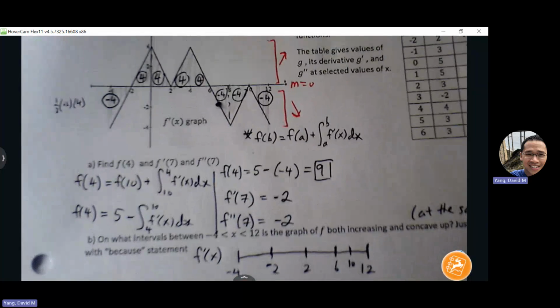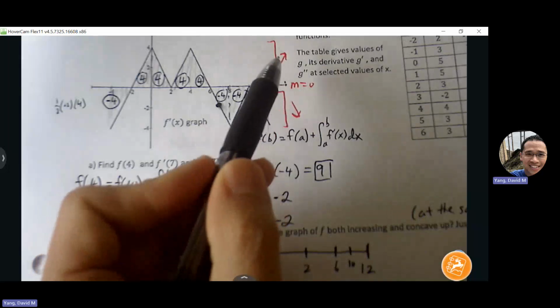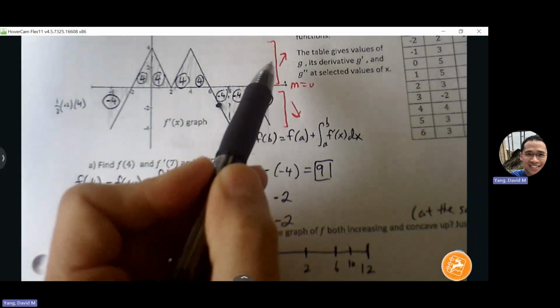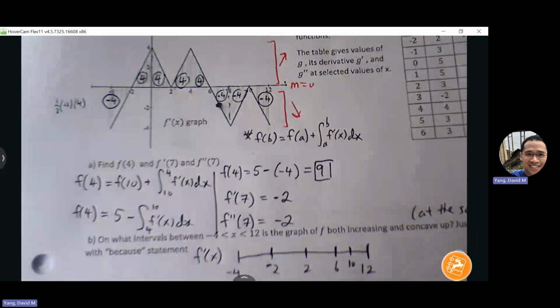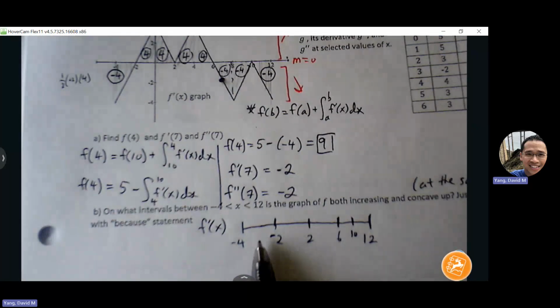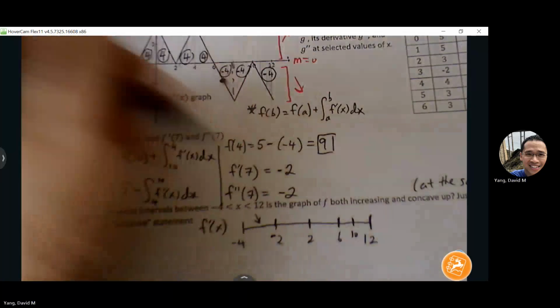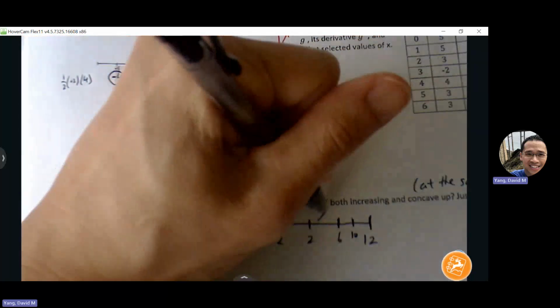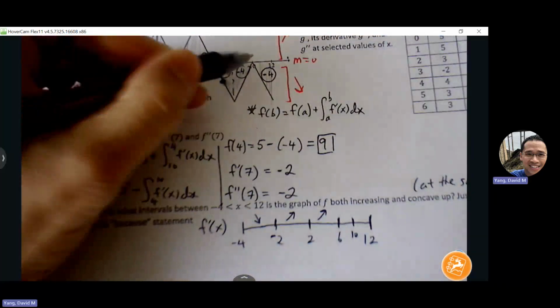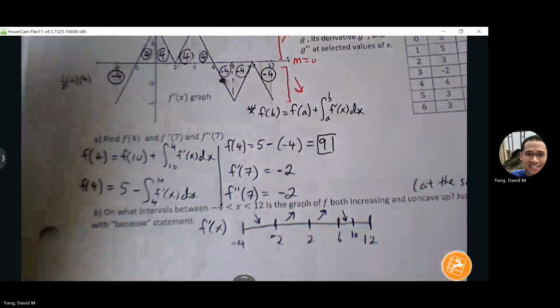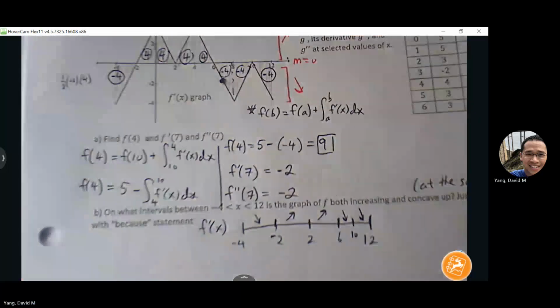Now let's look at the location. If it's above, you're going to label it positive slope. If it's below, you're going to label it negative slope. So where are we going to start? Negative is below the x-axis. Positive. Positive. 6 to 10, negative. And then it's still negative.